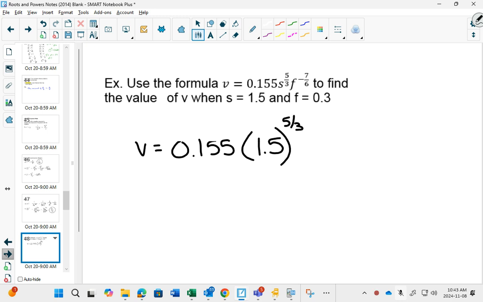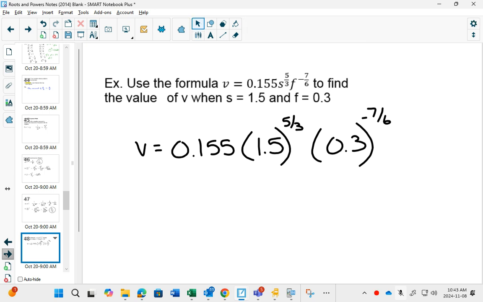And they tell me that F is 0.3, so I plug that in brackets, and it has an exponent of negative 7/6. Your job is to type that into your calculator. I will put the answer up. And if you are unable to get the answer, then you don't know how to use your calculator in this situation and should ask.